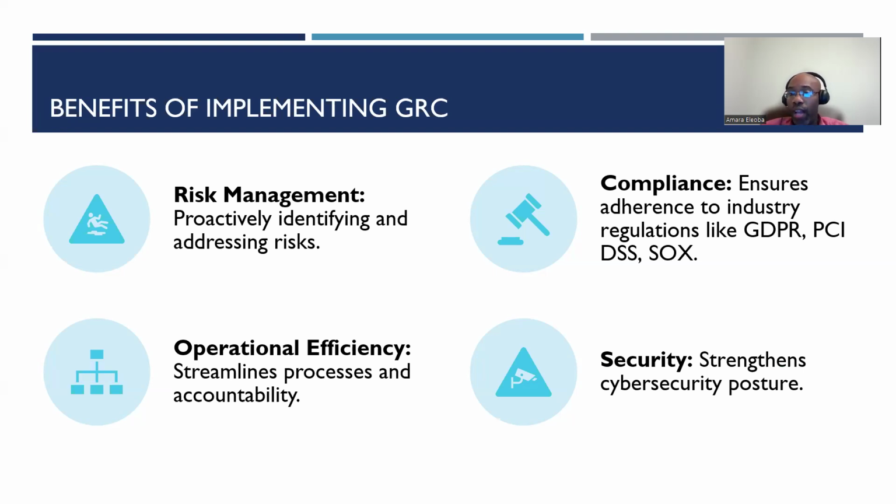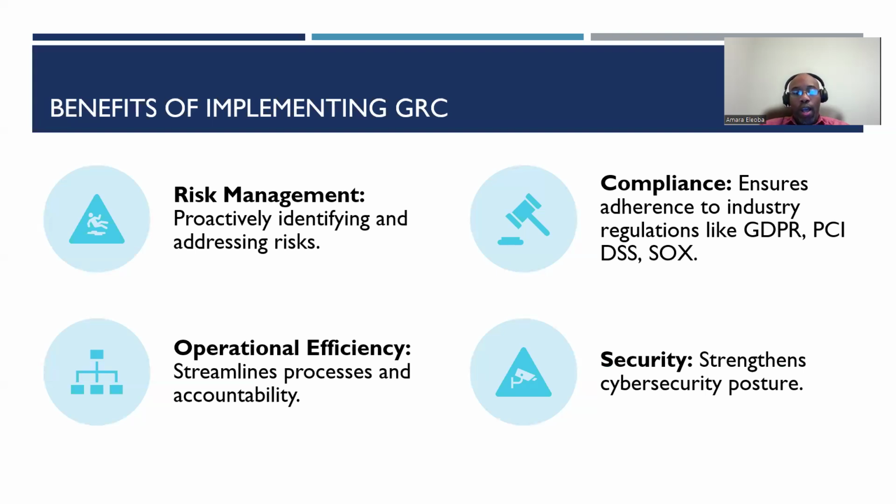We also have NIST CSF, which is the NIST cybersecurity framework. And when it comes to regulatory compliance, of course, we have PCI DSS, cybersecurity and data privacy compliance as well. We have SOX and other compliance.